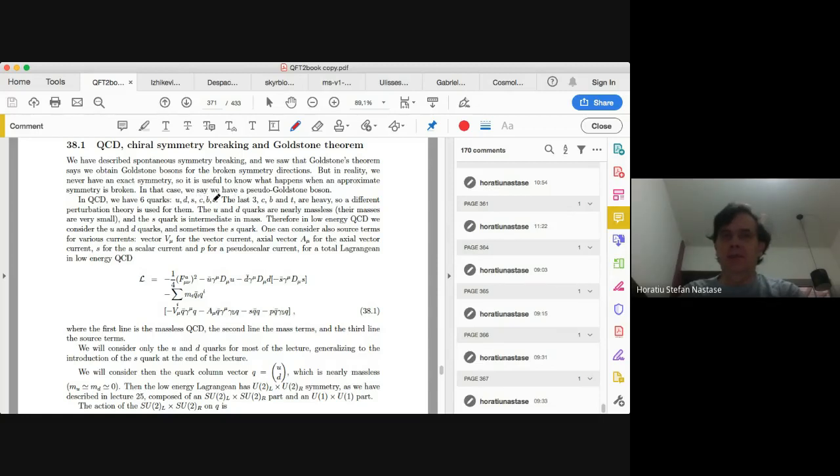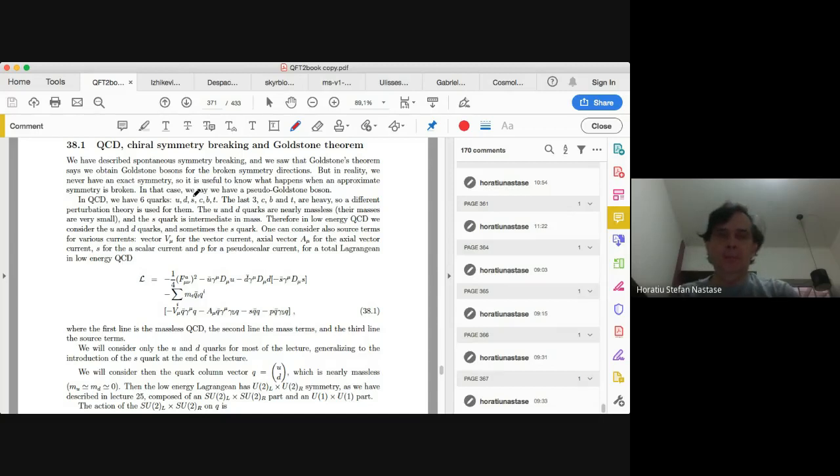Charm, bottom, and top, the last 3, are very heavy. So they obey a different perturbation theory that will be briefly considered later, which is called heavy quark effective theory. But up, down are very light, and strange is intermediate. So one considers up and down nearly massless, and sometimes S is also included.